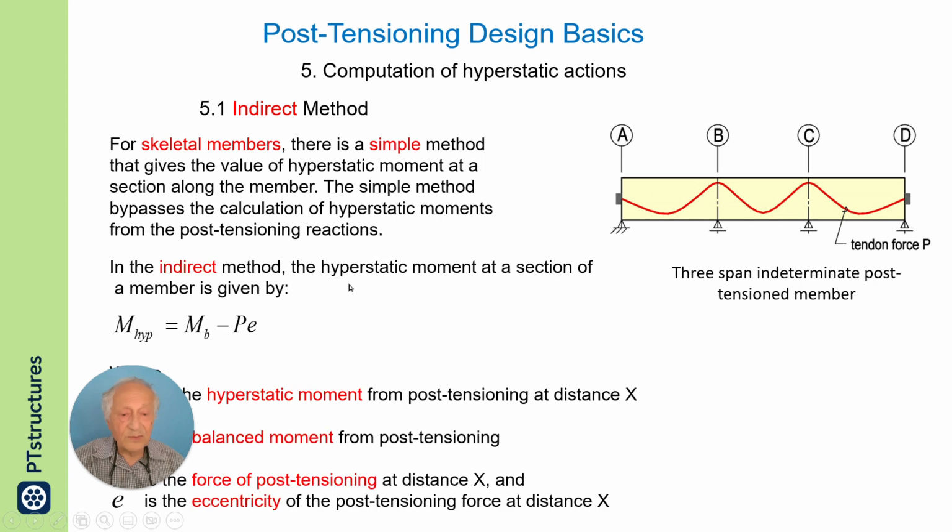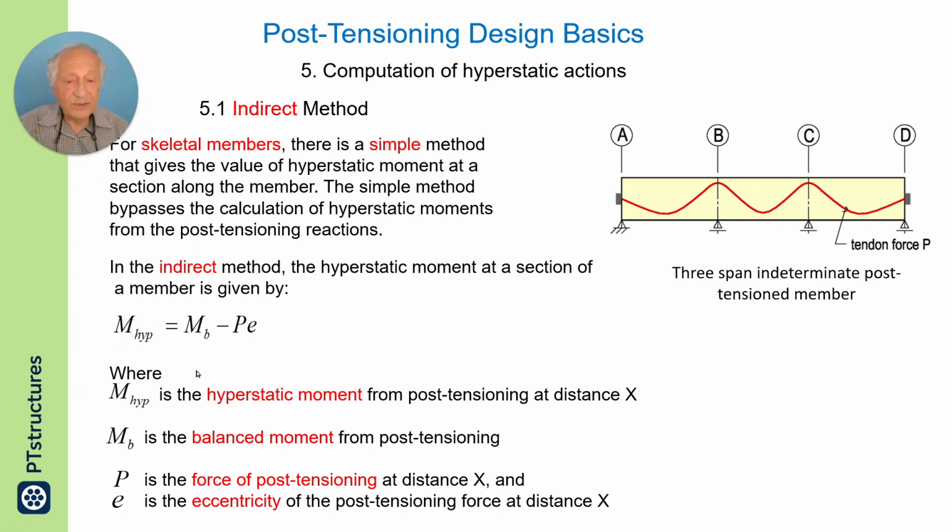And the way it works, it says at any section, the hyperstatic moment is equal to the balanced moment. Balanced moment is a moment from post-tensioning, MB, minus post-tensioning force times distance of the tendon to centroid. This is a simple formula which works well for problems as I am showing you on the right.